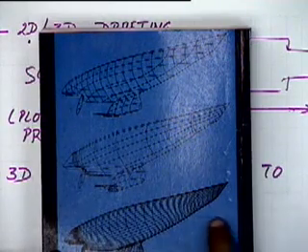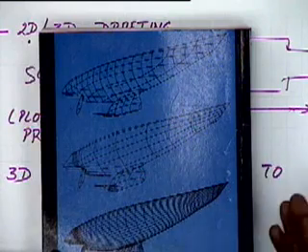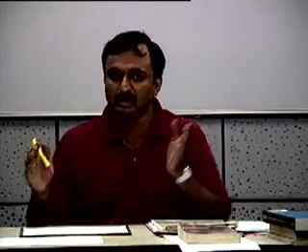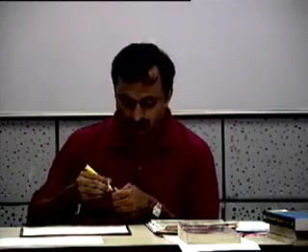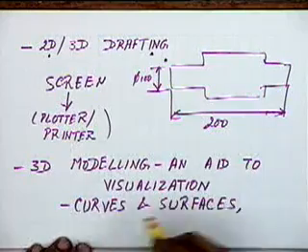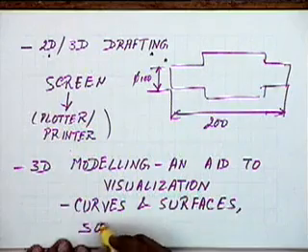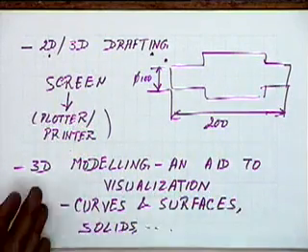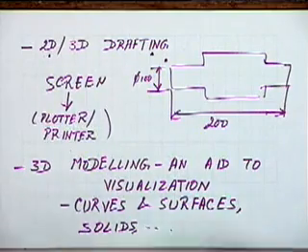If you want to represent this solid, we also have to represent the curves and surfaces which form a part of the solid. So when you are talking of 3D modeling, it is not just representing the solid as such. We also have to represent the curves and surfaces which constitute or define that solid. So under 3D modeling, we represent curves, surfaces, solids, and so on. All this comes under 3D modeling.